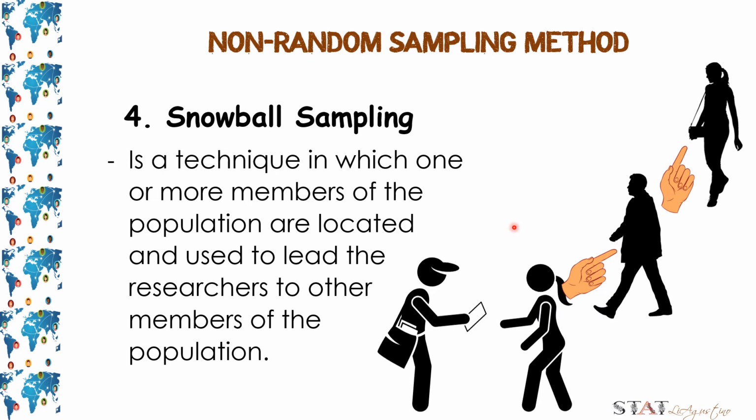And then we have the snowball sampling. It is a technique in which one or more members of the population are located and used to lead the researchers to other members of the population. For example, you only know someone who has the experience of rape, or someone who has the experience of being in a broken family.